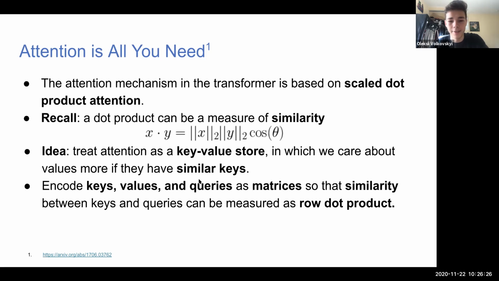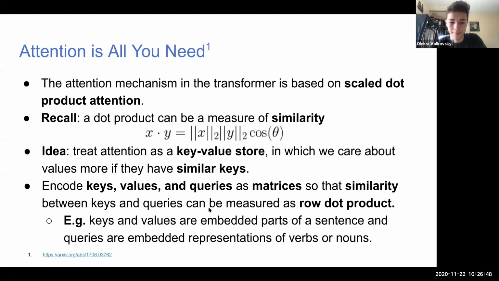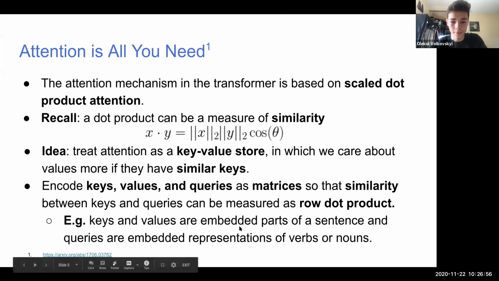So you'll have keys, values, and queries as matrices, and then you're going to take the row dot product between the keys and the queries to see which keys your query wants, and then you'll get the values associated with them. In this case, the values will be the actual sentence, and queries will end up being representations of verbs or nouns that you're going to want, and so will keys.